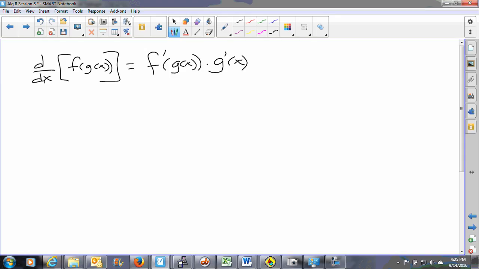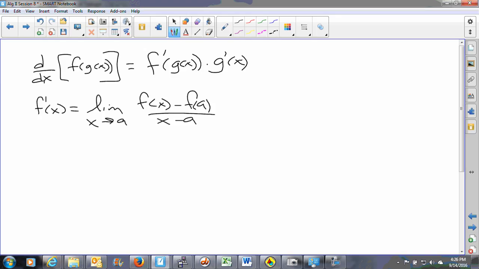Now, this is what we want to prove, and what I'm going to do is use the alternate form of the definition of the derivative. In other words, I'm going to say that f prime of x is equal to the limit as x approaches a of f of x minus f of a over x minus a. And this is the alternate form of the definition of the derivative.